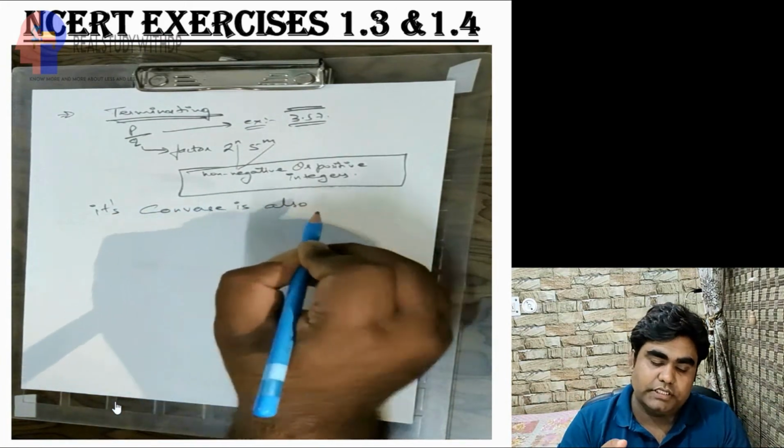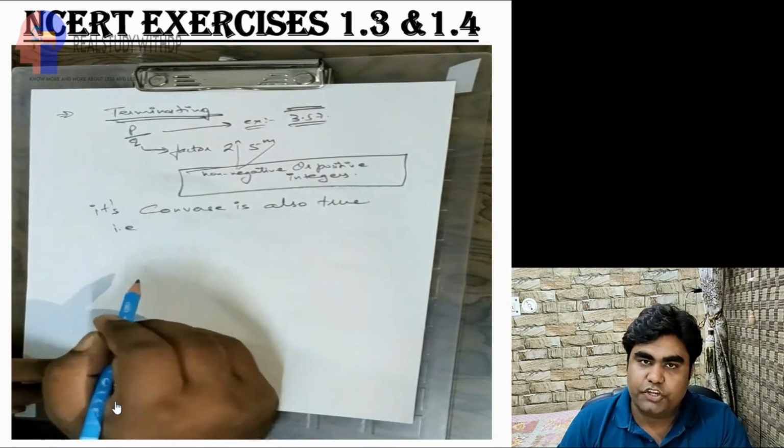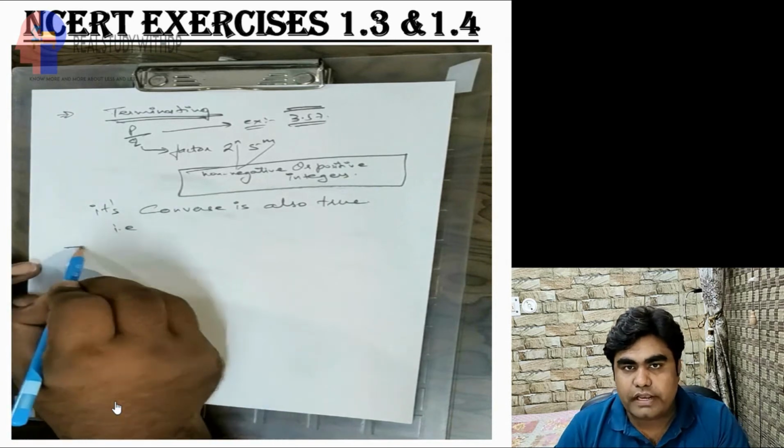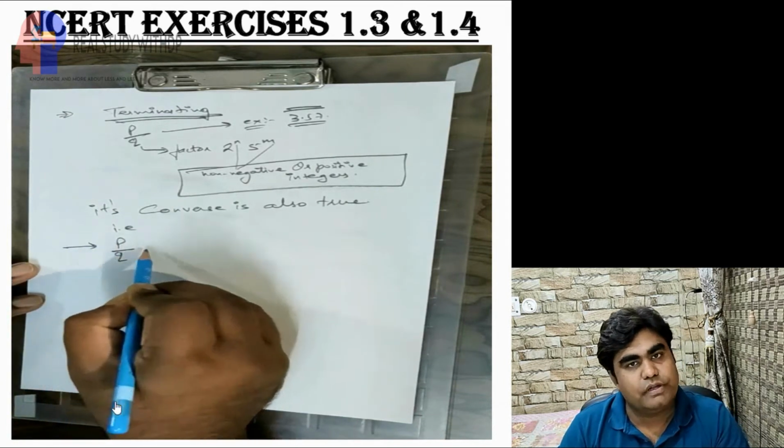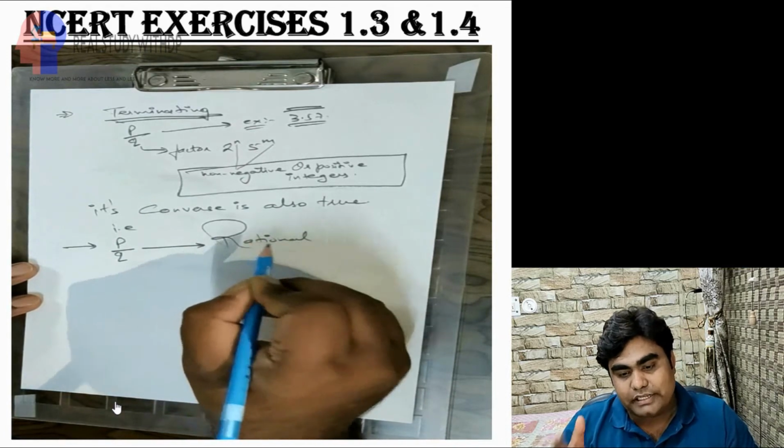That means whenever a terminating number is converted into p by q form, the q is going to be in the form of 2 and 5 only. The factors are going to be 2 and 5 only, any number of times. Its converse is also true.